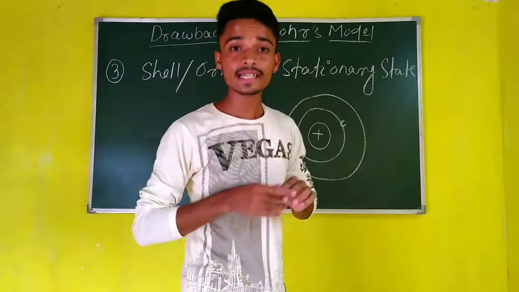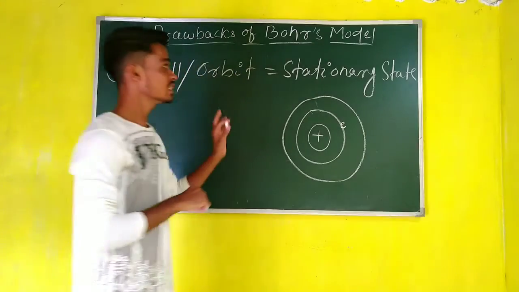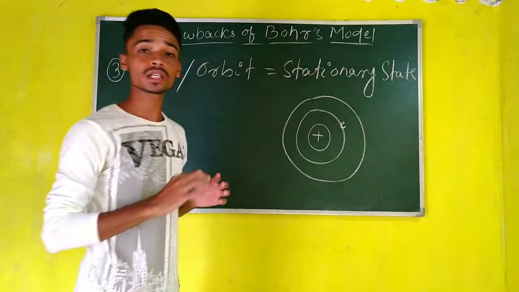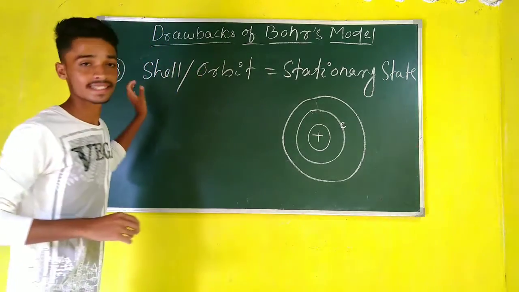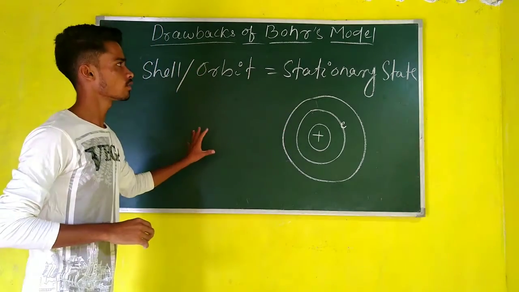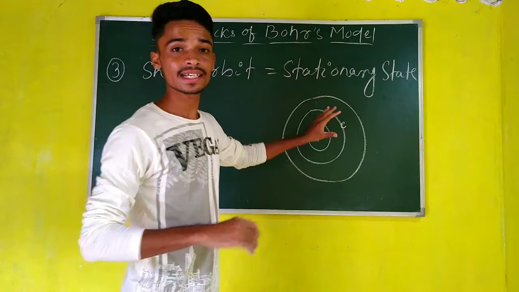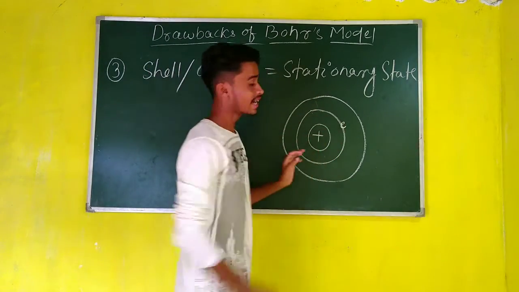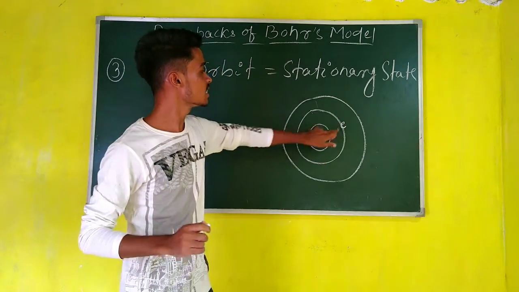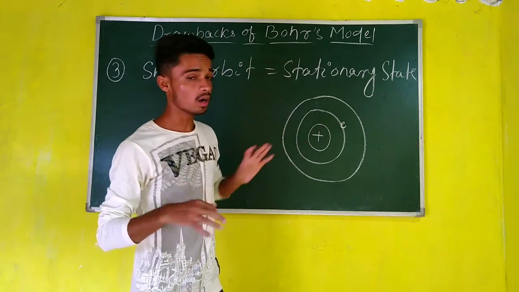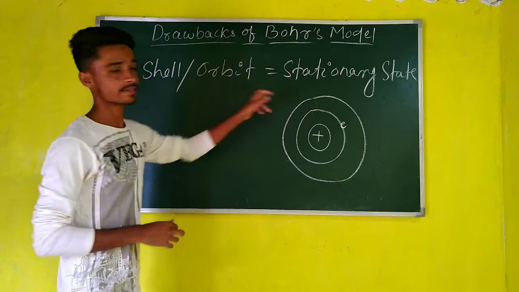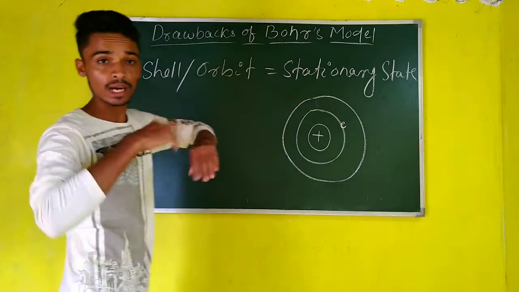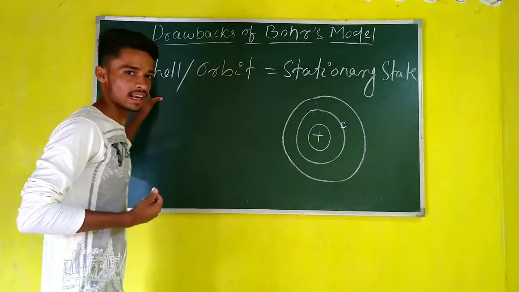Bohr only talked about the stationary state or stationary orbit, but the drawback is that Bohr could not say anything about the exact position and exact momentum of each and every electron. He only talked about the stationary state, only the circular orbit or shell.